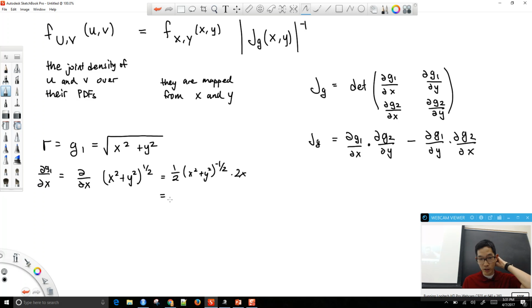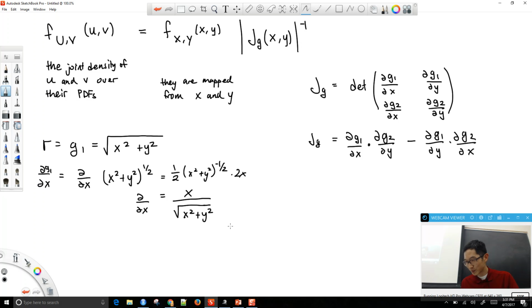So this just becomes x over the square root of x squared plus y squared. Is that okay? Did I mess something up here? Okay, I think I did this right. I've worked some of these notes and I'm working off of a textbook here.